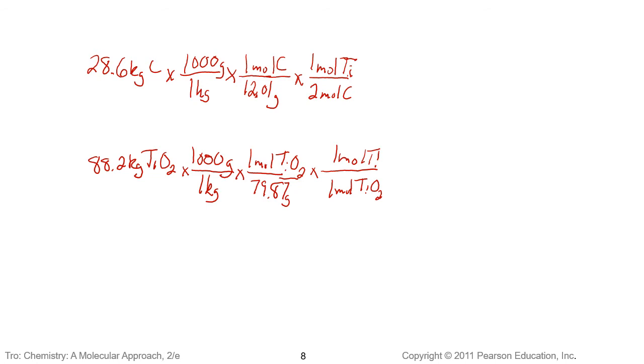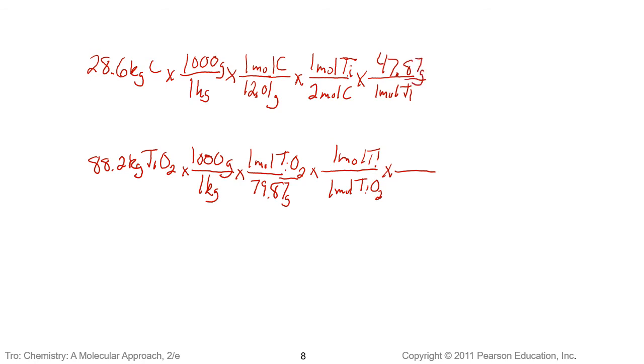Now we have to go back to grams, because the amount that we were told for our actual yield, which was given in the problem, was in kilograms. So we want to go from moles into kilograms. And we can look at the periodic table. You see 1 mole of titanium is 47.87 grams.